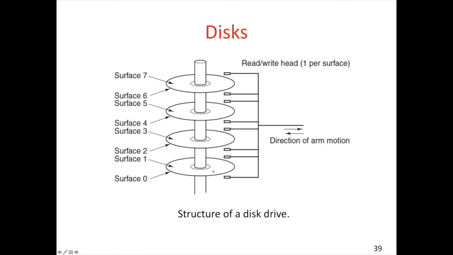In a hard disk, we have several plates, and on each plate we have two surfaces, and for each surface we have a read-write head. And as the arm moves, the head is placed on different tracks on the surface. Each head is in the same track.